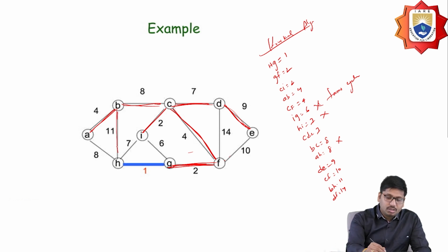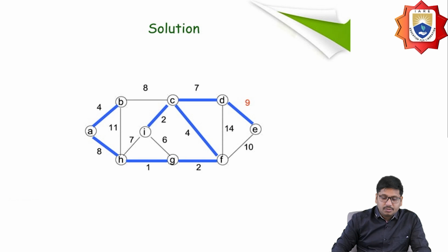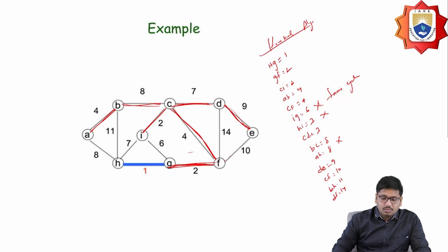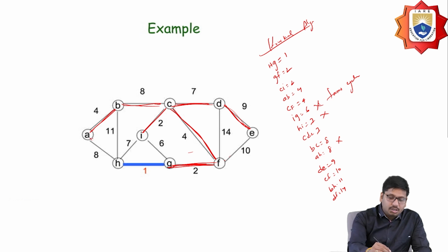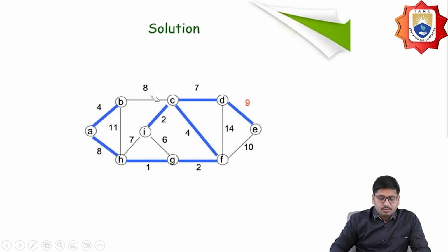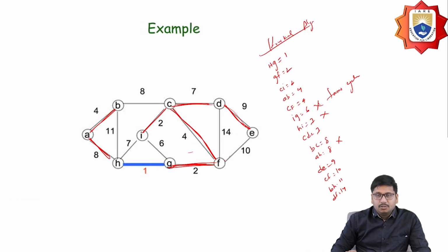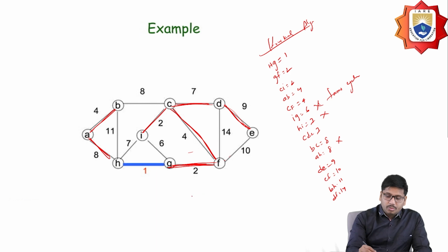If I select this, it is going to form a cycle. And DF. So finally the result is this one. So they selected this actually instead of this. So like this, I'm going to construct the minimum cost spanning tree.